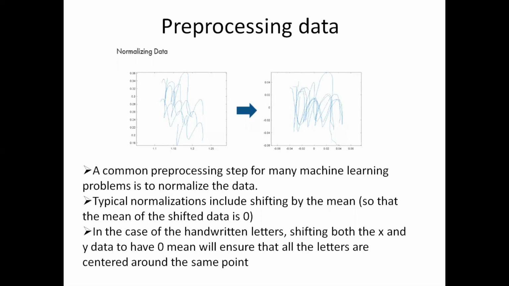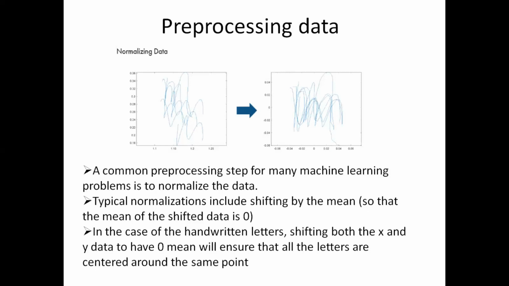Why you need to normalize the data is, this is one common step that is done in many machine learning algorithms. The advantage of normalizing the data, in this particular case, is that you will ensure that all the letters are centered around the same point. Right now there are different users who have provided the data for different characters, so they are in different positions.